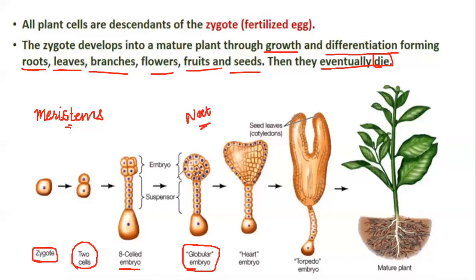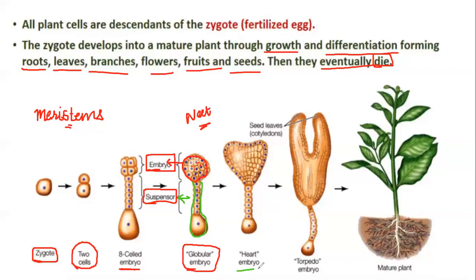They will give this diagram and ask you to identify the structures labeled A, B. This globular structure that I am marking indicates the embryo. The structure I am indicating with a green pen is the suspensor, which helps it to attach.